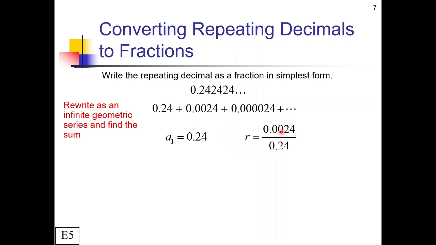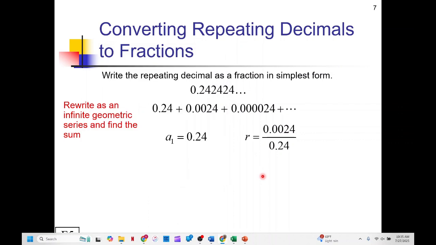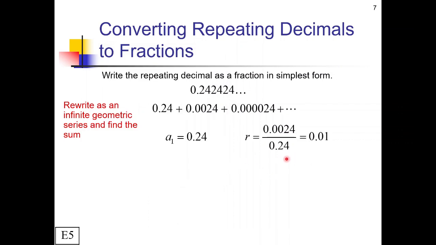You can get that by dividing 0.0024 by 0.24. Just verifying this using Desmos, because we can afford to be careful here, that does indeed come out to 0.01. And that's between negative and positive 1, so this will have a finite sum.